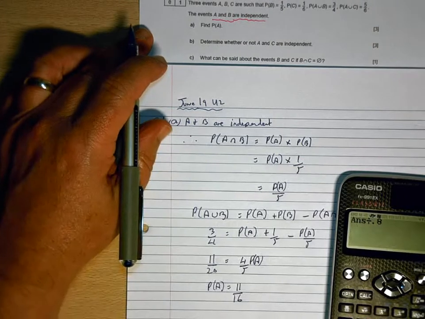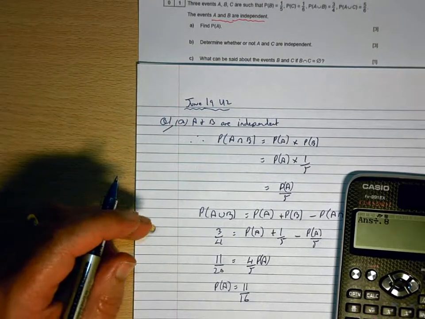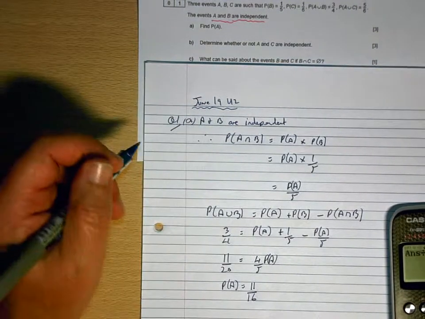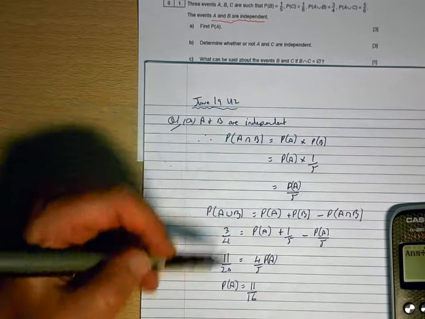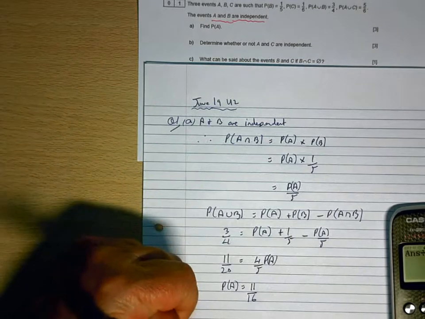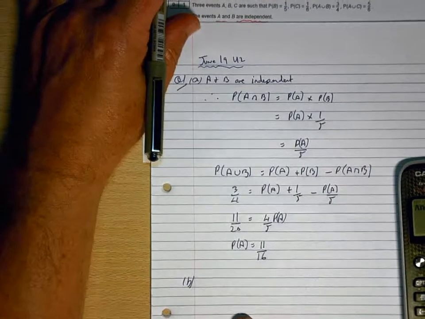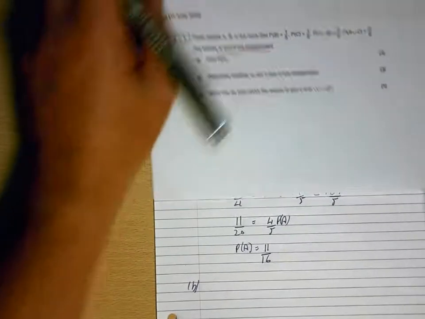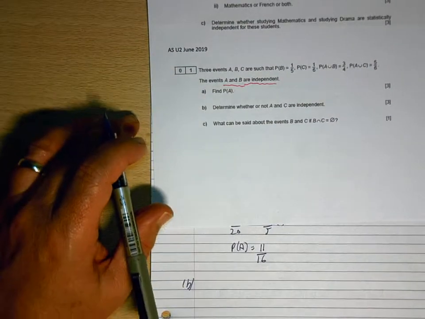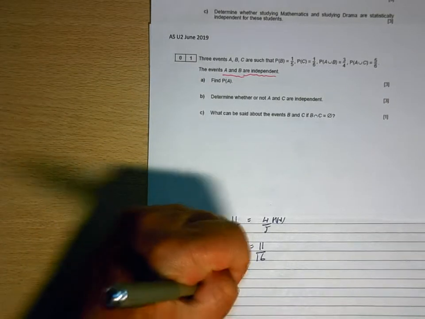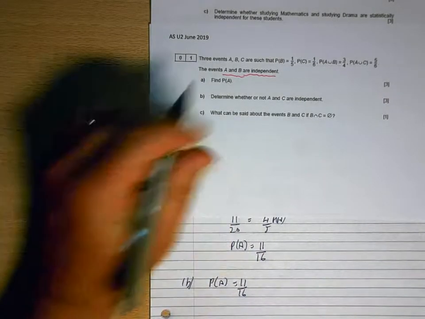Determine whether or not A and C are independent. So this time they're not telling us that, so we've got to look for consistency between the two different approaches. If I bring this down, I know the probability of A is 11/16.